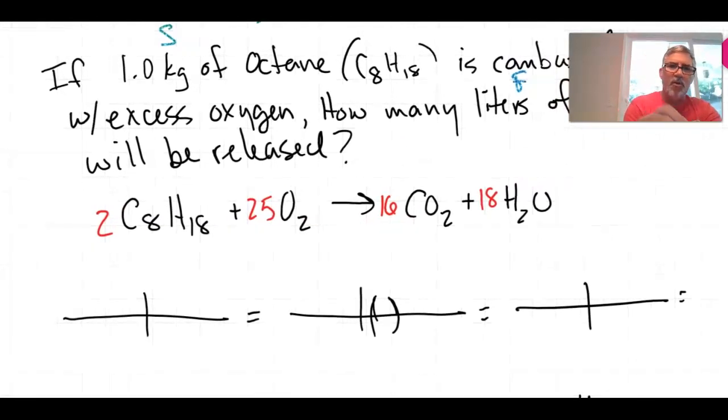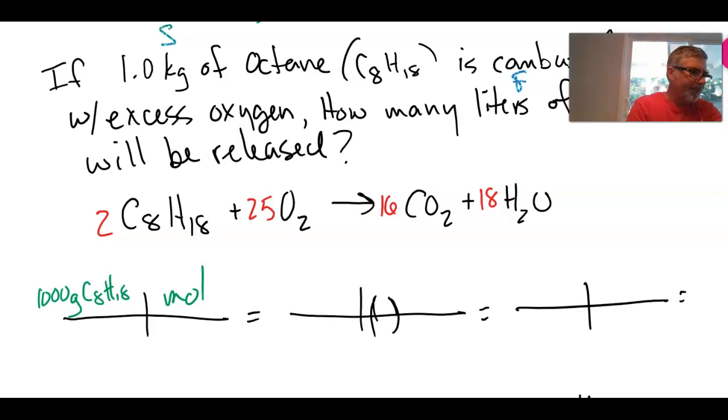All right. So remember, when we do a mass to mole conversion, we need grams. So 1 kilogram, so it's 1,000 grams. And I have to get a mole first, because mole to mole is going to be my middle equation. And my mass of octane, if I look it up here, is 114.26.